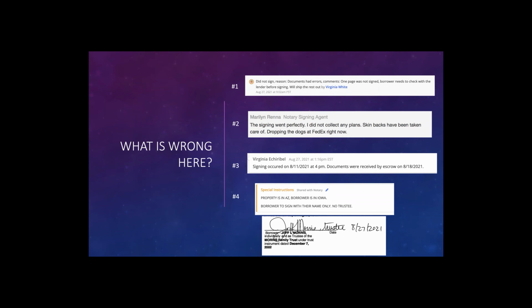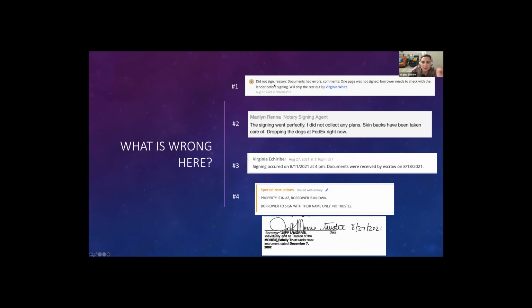Comment: 1 page was not signed, borrower needs to check with the lender. So it sounds like he's sending over the whole document except for the 1 page. And he can't do that. Either take the whole package back and stop the signing, or have the borrower contact the lender at the table.